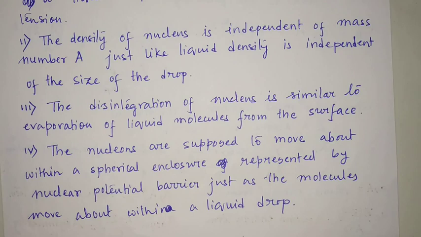vapor. Okay. But similarly here the nucleons are also bound to the nucleus. They do not randomly leave the nucleus. Okay. So why is this? In this case the barrier is a nuclear potential barrier.